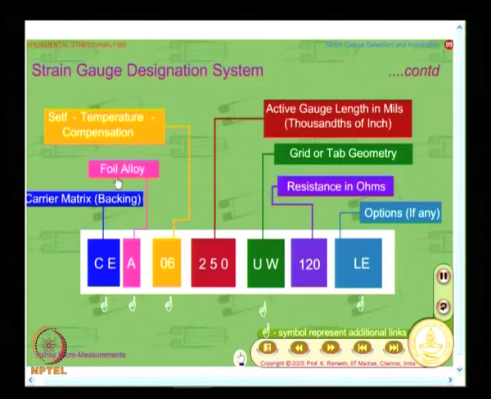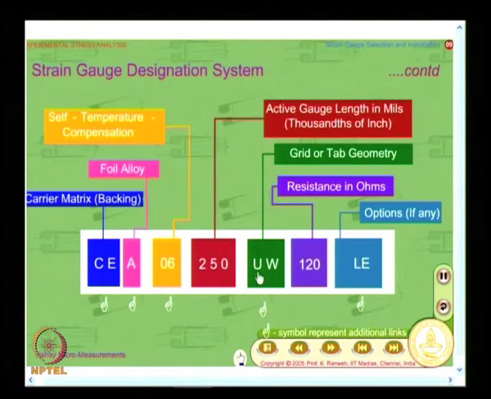Then the second one tells you about foil alloy. The third one gives you the self temperature compensation number, and the fourth one gives you active gauge length in mils. See, though you have SI units, this is the kind of system that they use in the USA. So, a USA manufacturer gives you only in terms of mils.